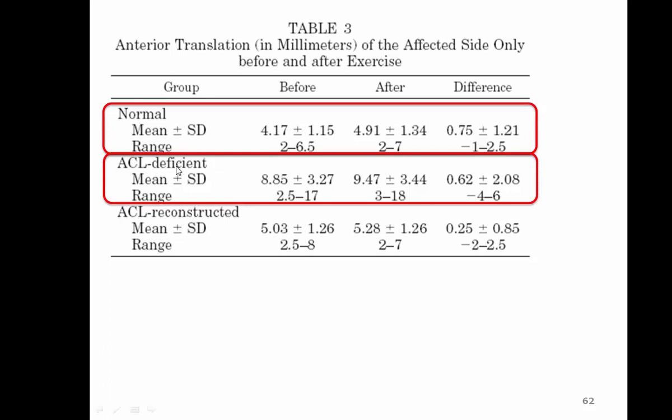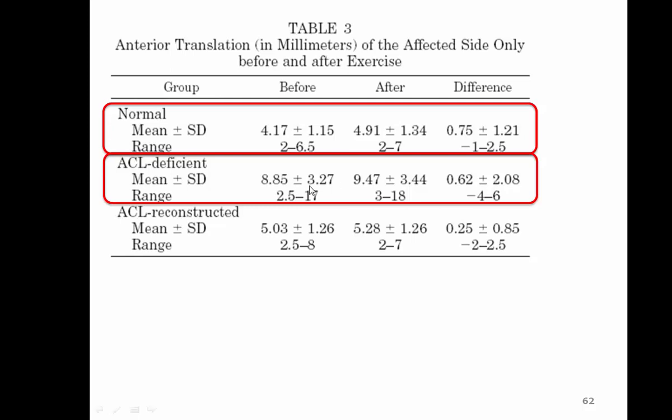The participants that were classified as not having a functional ACL because it was torn and not surgically reconstructed obviously demonstrated a much greater degree of anterior tibial translation as compared to the healthy group, because the people in the ACL group did not have that restraining ligament to prevent that anterior translation when the researcher attempted to pull on the tibia.